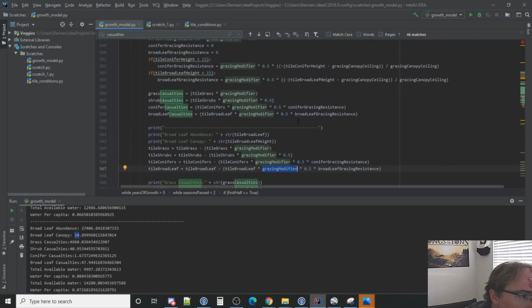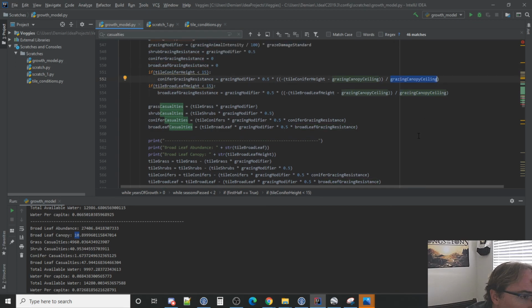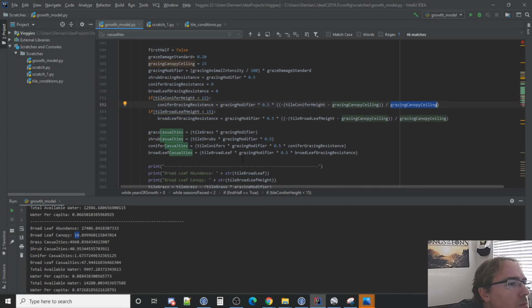Okay, I think we deviated from our equation somehow. I think our grazing resistance. Okay. Yeah, basically division by 12 somewhere. Okay, so let's just check our broadleaf grazing resistance here. Okay, so standard damage is 0.2.